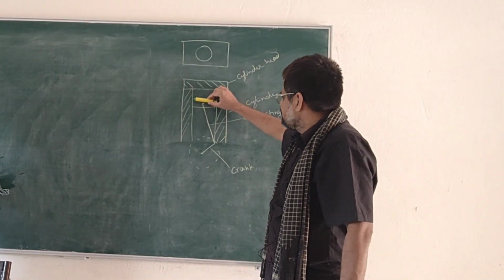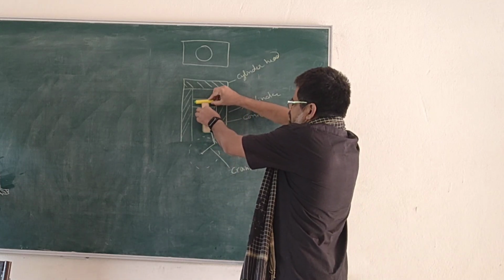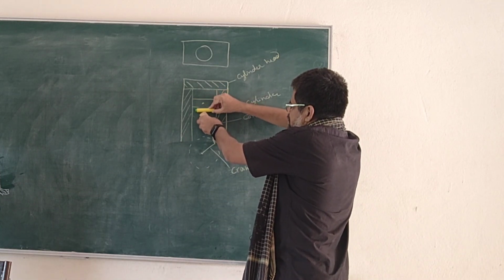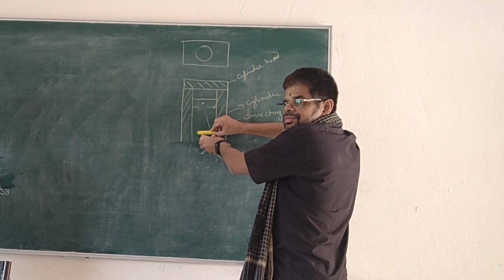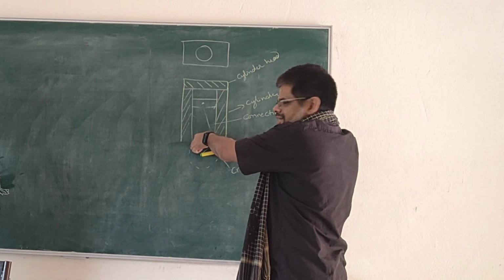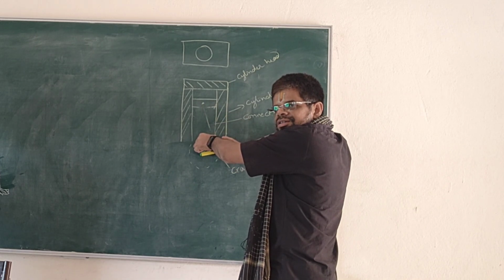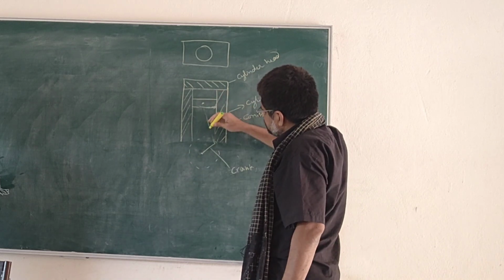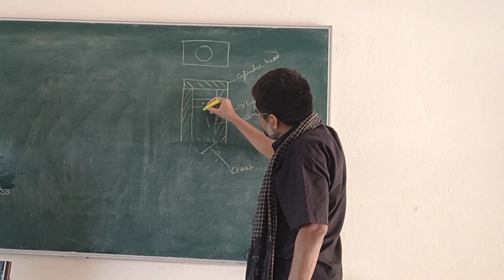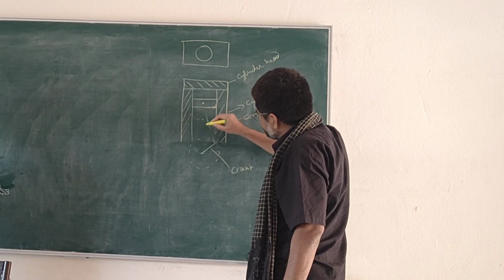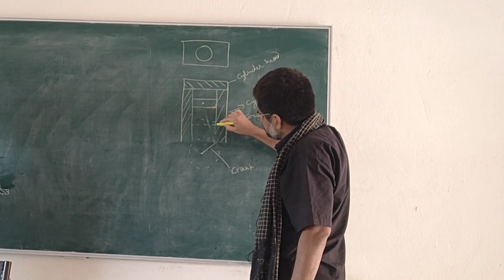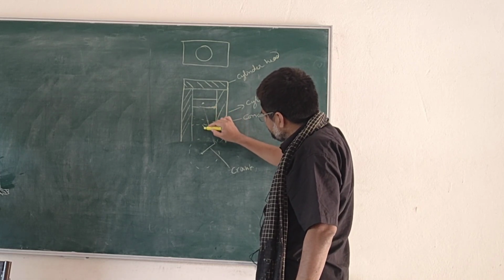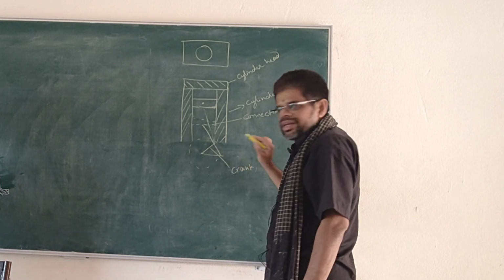See what happened? It is like this. When it moves upwards like this, it will come. From here the crank is connected. Is it right or not? As the piston moves downwards, for example, when the piston is here, the connecting rod will be here, the crank will be here.